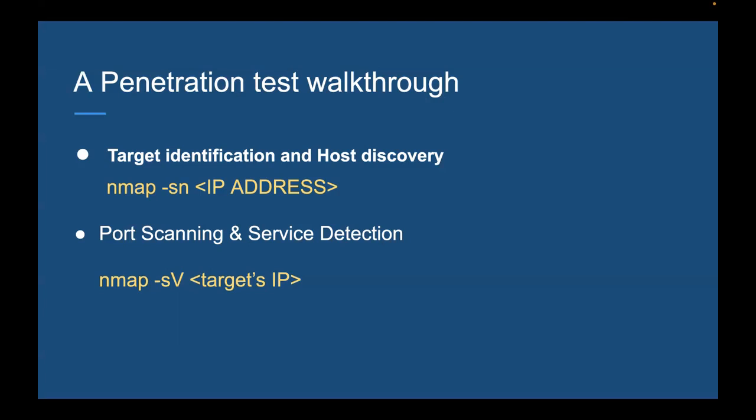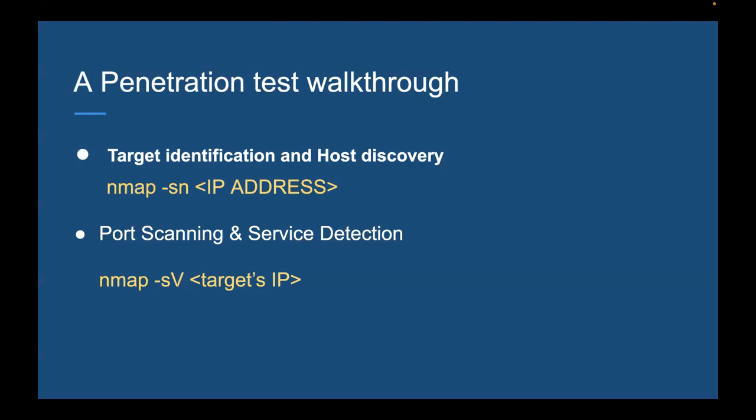If you have access to the machine, you can just find out its IP address. For checking if the host is up, you can use the ping command or use nmap for host discovery. Nmap is the network mapper. It will help you discover whether the host is running or not.